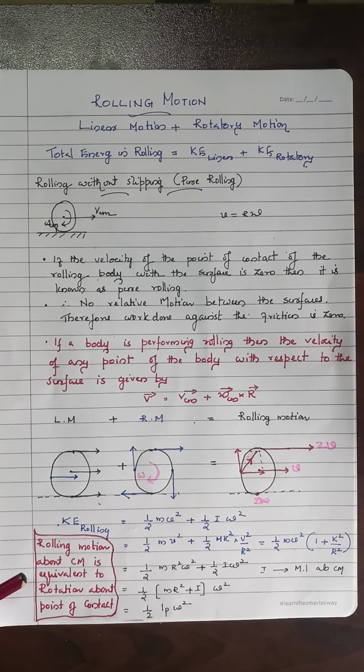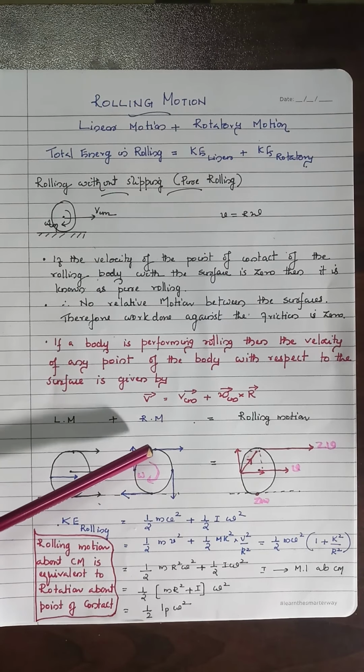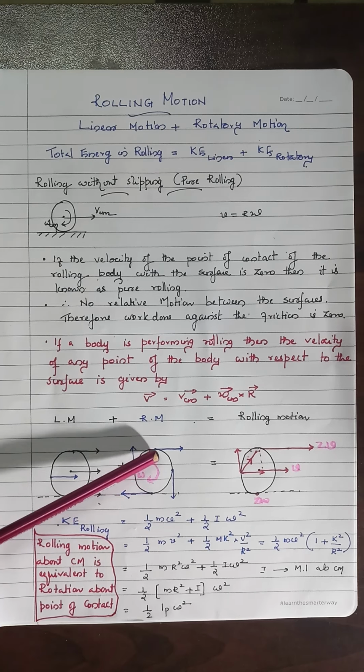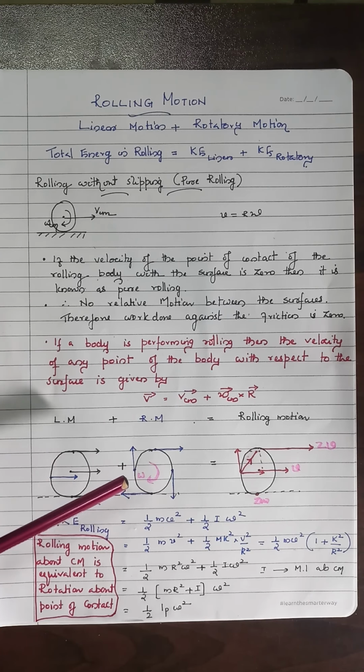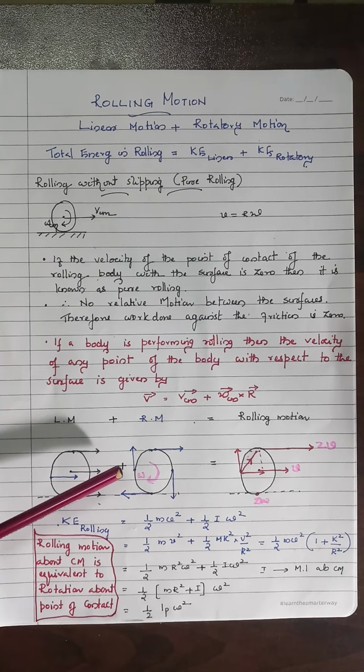That means the rolling motion about the center of mass is equivalent to the rotation about the point of contact. Likewise, we can easily find the velocity at the top point. About the contact point, it is at a separation 2r, and hence the velocity at that point is nothing but 2r into omega. So you get the value 2v. That is a good concept, a very important one.